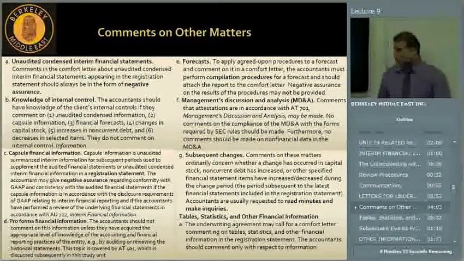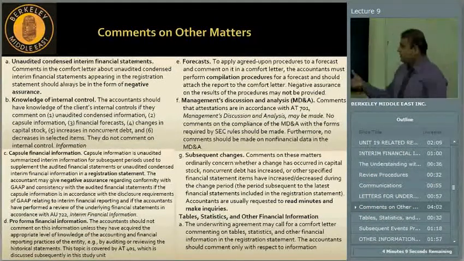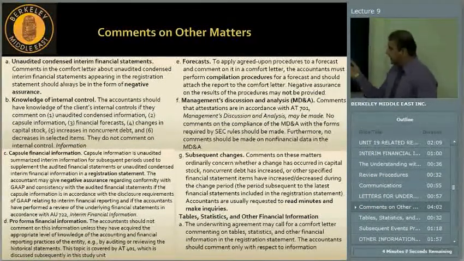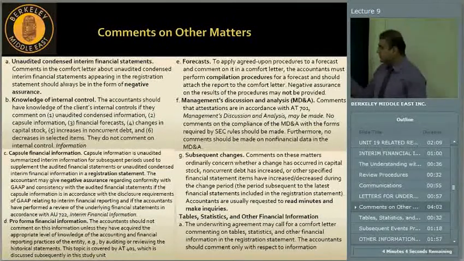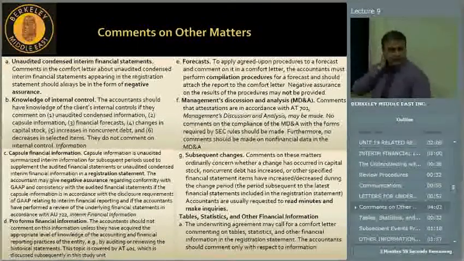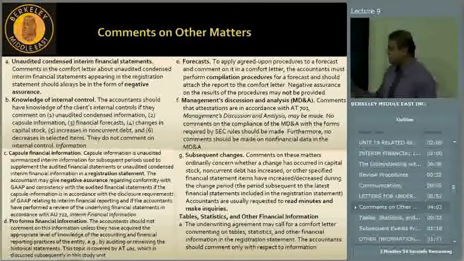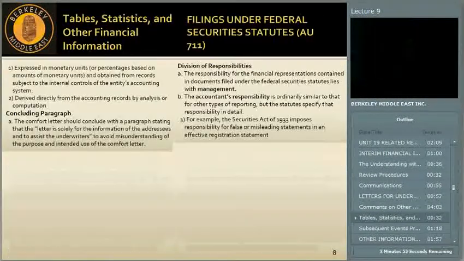This is a big scope in terms of forecasts. Subsequent changes, they have to see whether they are there, and for that we have to read the minutes and make inquiries. Board resolutions will define what significant changes have been made. Tables, statistics and other information have the same scope.